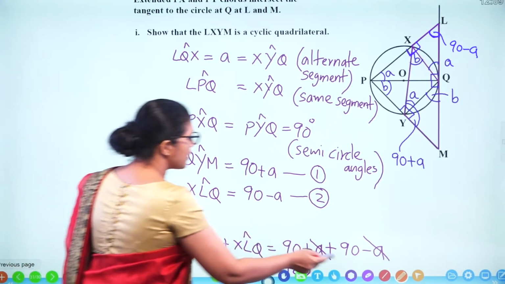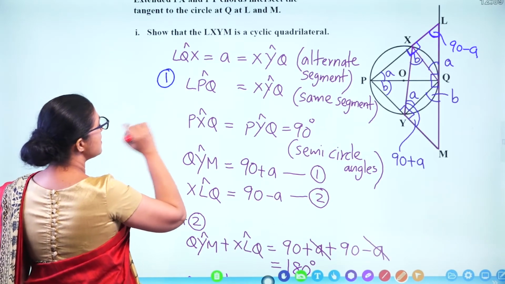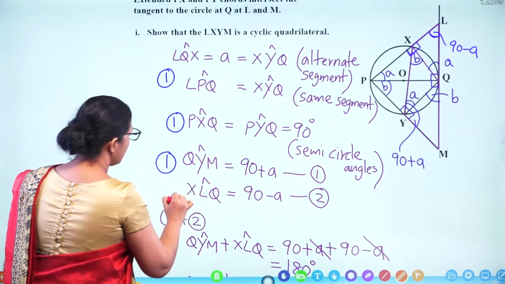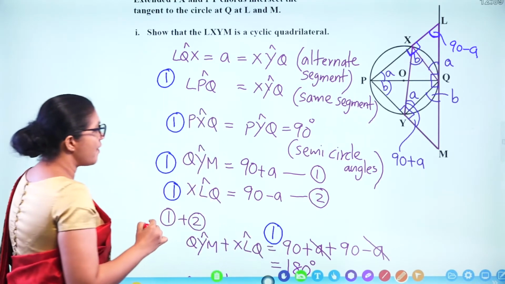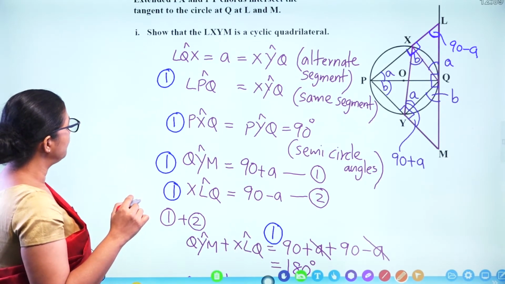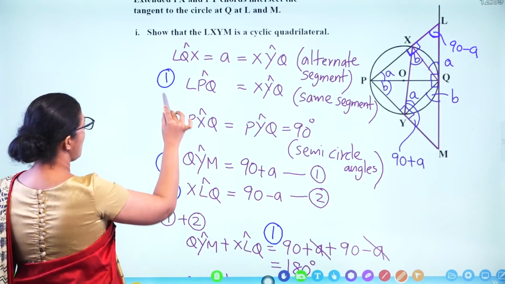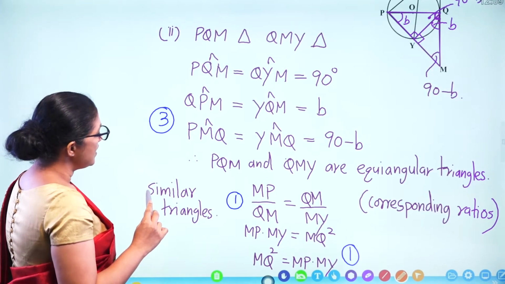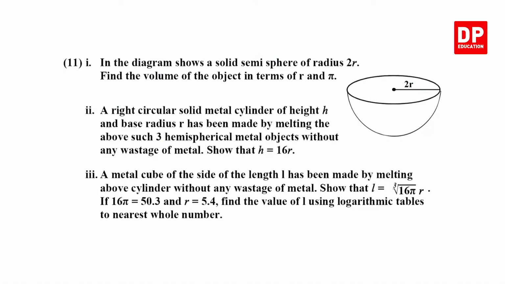So 1 mark showing these angles 90 degrees, and here 1 mark, and this one mark, adding and showing this 180. So therefore this is a cyclic quadrilateral. So 5 marks for this step. So 10 marks altogether.